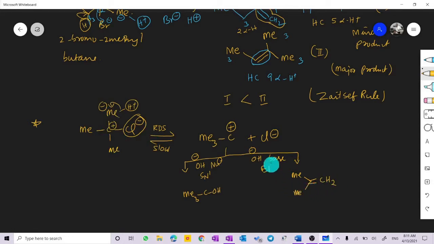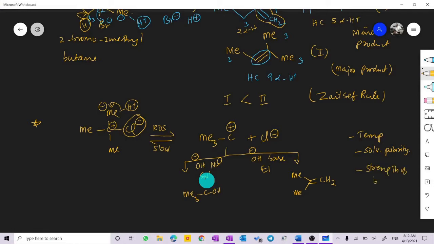So whether the reaction will proceed in the elimination direction or in the substitution direction is decided by certain factors like temperature and solvent polarity, because we know that in the SN1 reaction solvent polarity plays a major role in stabilizing the carbocation.